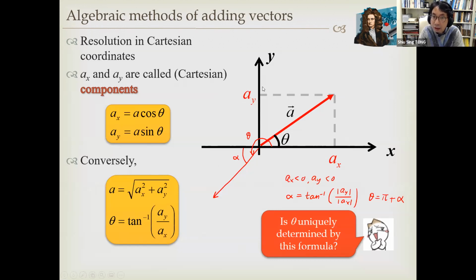In those cases, you should be able to find the complementary angle first, just like this, and then subtract it from 180 degrees in the second quadrant, or subtract it from 360 degrees in the fourth quadrant. Okay, so in this way you can find the correct angle. I won't discuss with you case by case. I think you know how to do it, but I just want to remind you that you have to take care of these special cases.